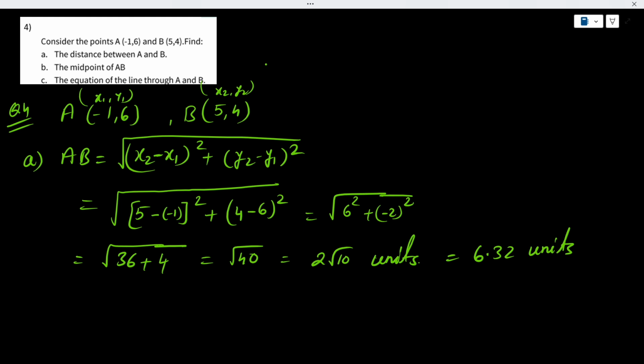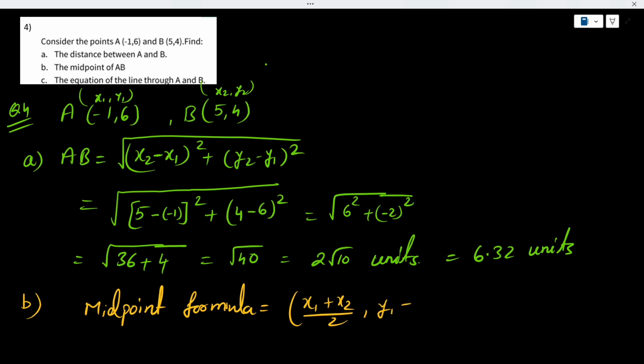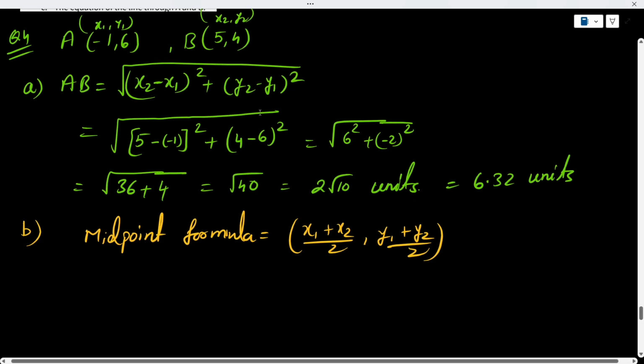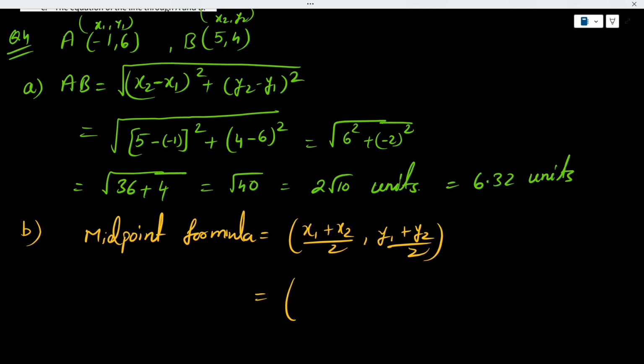How are you going to get the midpoint of AB? Midpoint formula. What is your midpoint formula? You take the end coordinates and you take its average, right? So it's x1 plus x2 by 2 and y1 plus y2 by 2. If I do this, what is the value of x1 here? -1 plus 5 by 2 comma 6 plus 4 by 2.